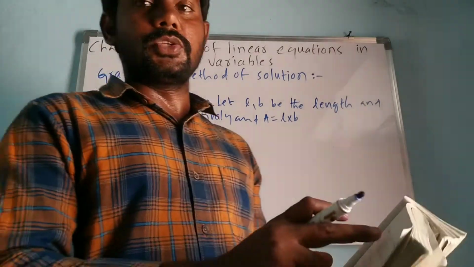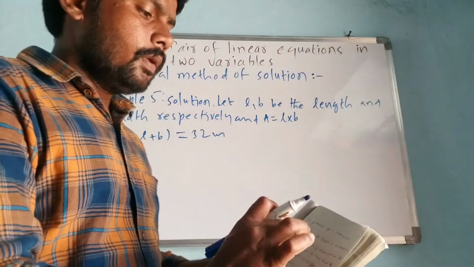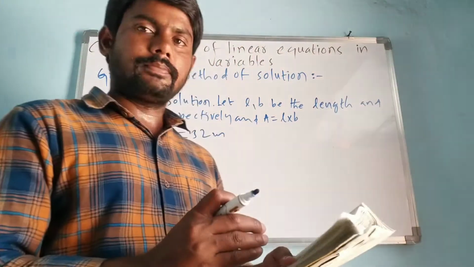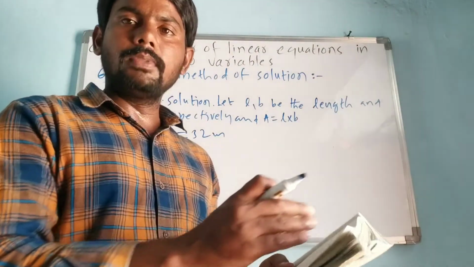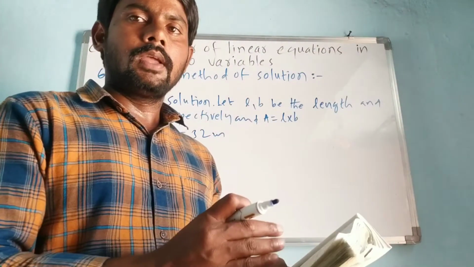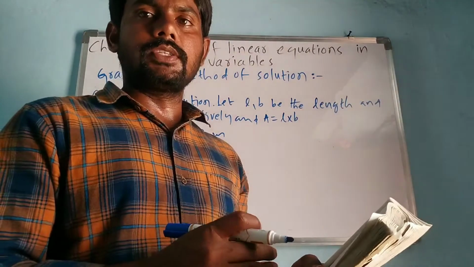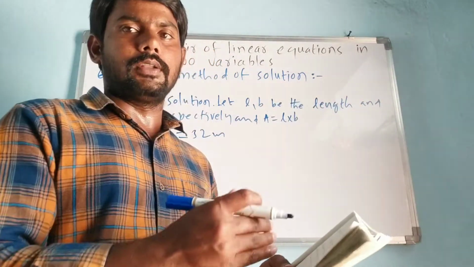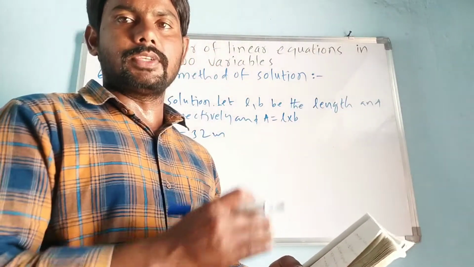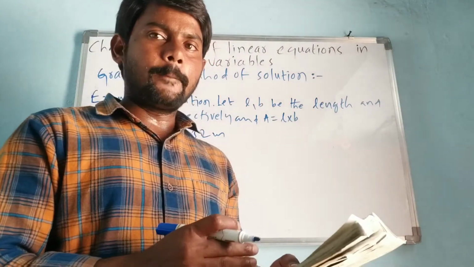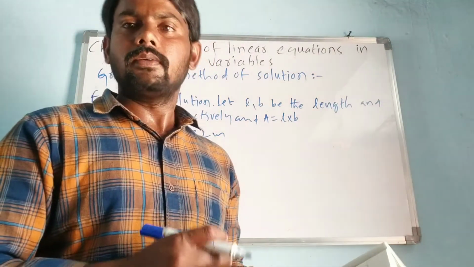From both the situations we have to form the two equations. By solving the two equations, we get the solution, or we can say that we get the length and breadth of the plot.